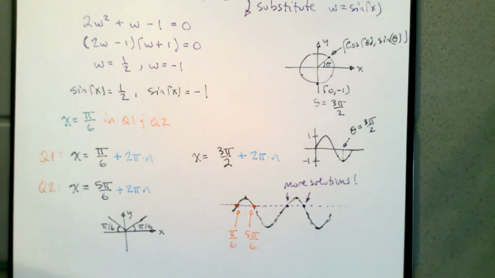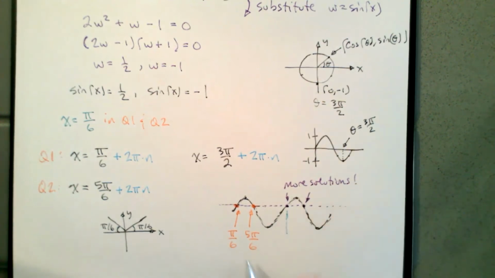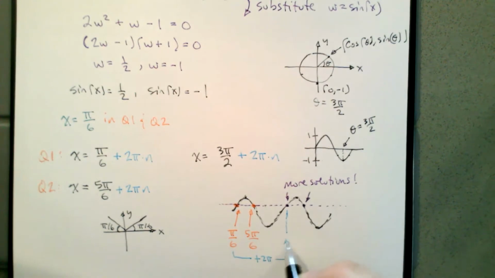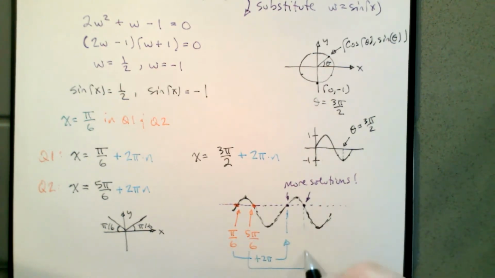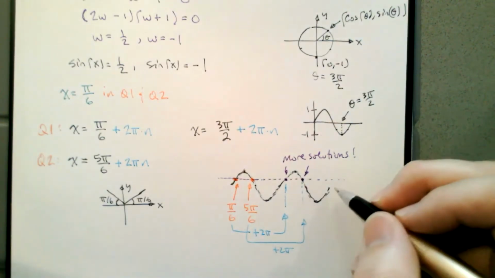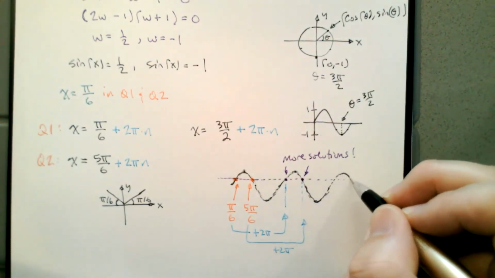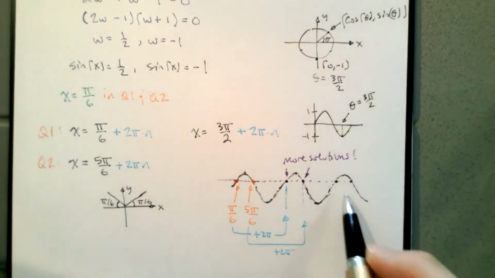And so what we want to make sure we do is add a 2 pi to each of these. And it says 2 pi times n because after the first time we add 2 pi, we're going to have 2 more solutions, and we're going to have to add 2 copies of 2 pi.